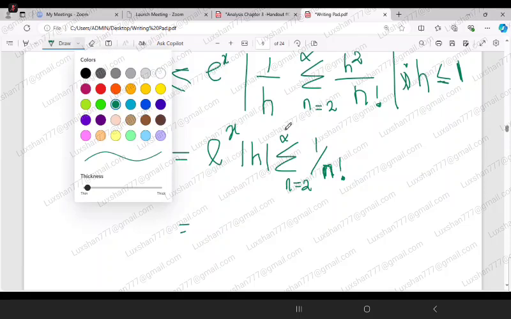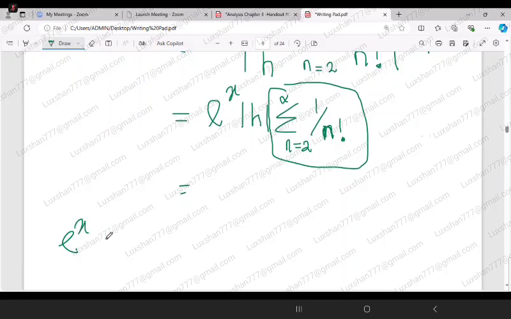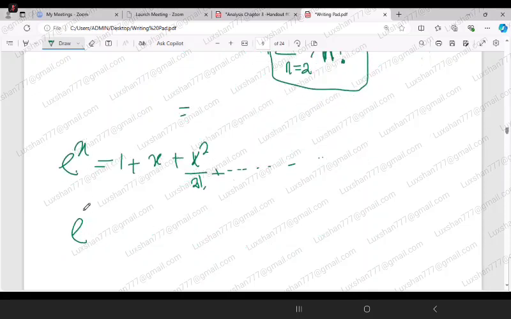What can you put for this one? Consider again e to the power x, that is equal to 1 plus x plus x squared over 2 factorial and so on. If you put x equal 1, you get 1 plus 1 plus 1 over 2 factorial plus 1 over 3 factorial and so on, isn't it?